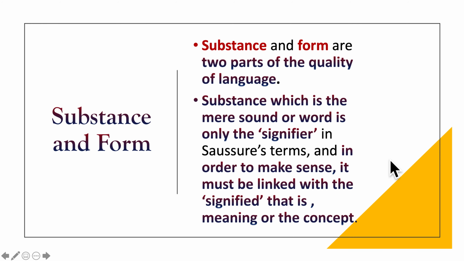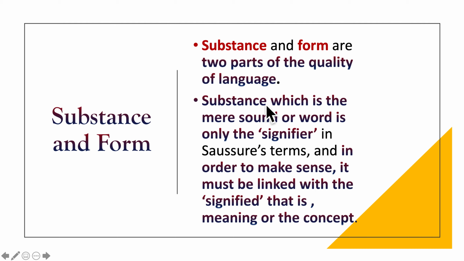Substance and form are two parts of the quality of language. Very, very important. Substance, which is the mere sound or word, is only the signifier, in Saussure's terms, and in order to make sense it must be linked with the signified, that is, meaning or the concept.